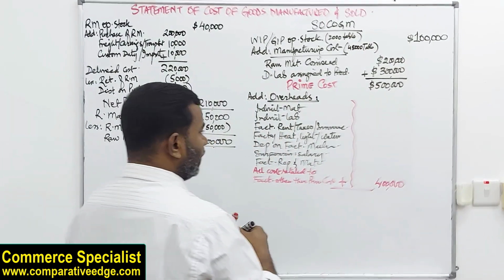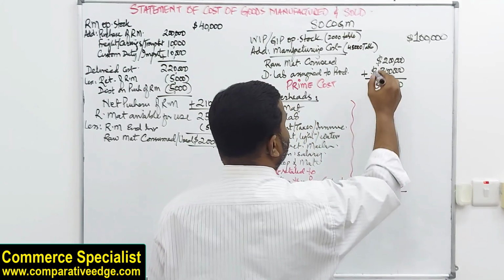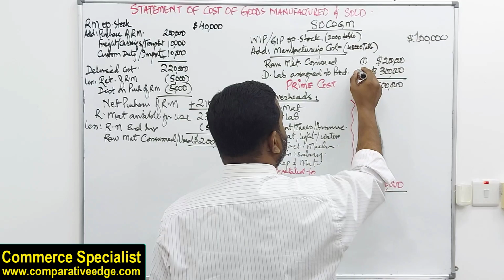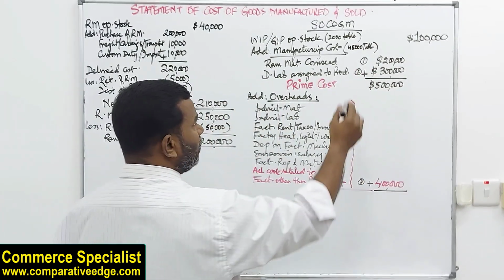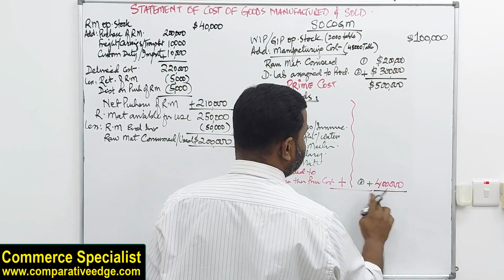So now we have the three main costs. As always I say, we have the cost of material consumed, we have direct labor and we have overheads. So when you add 5 and 4, you get 900,000.